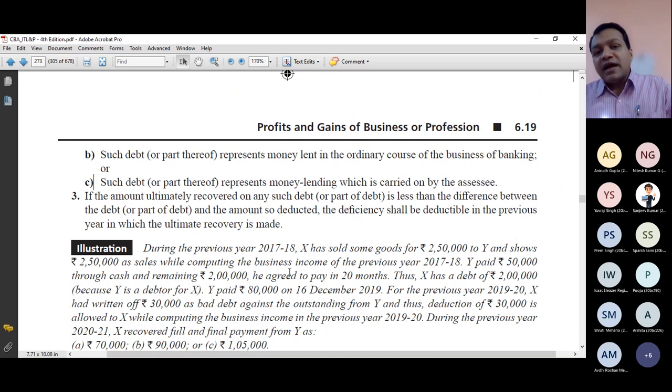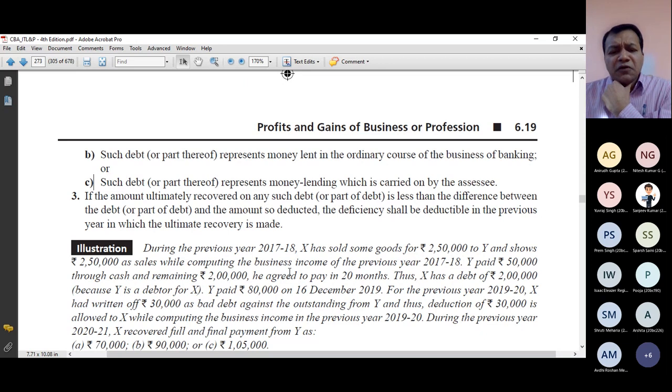In 17-18, I made sales of 2,50,000. In 17-18 itself, I received 50,000 and my debtor in 17-18 was 2 lakh. In 19-20, my debtor of 2 lakh paid 80,000. So the remaining debtor in 19-20 was 1,20,000.